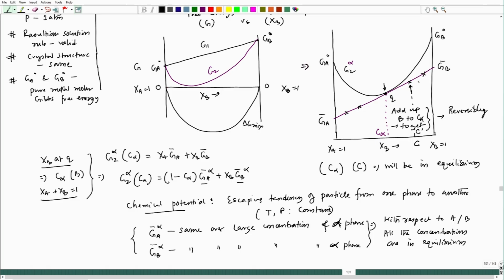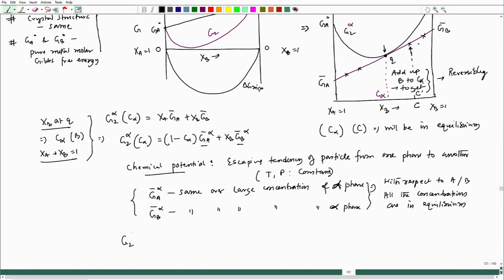Now, I need to change G2 alpha, which is the solution of alpha. I am changing to concentration C. Initially it was at C alpha. I will write it as 1 minus C Ga bar alpha plus, change it here, it should be C alpha. It will become C Gb alpha.